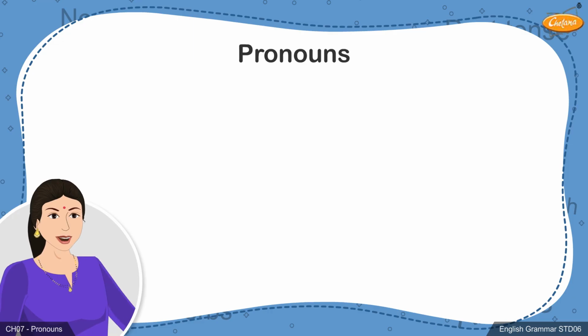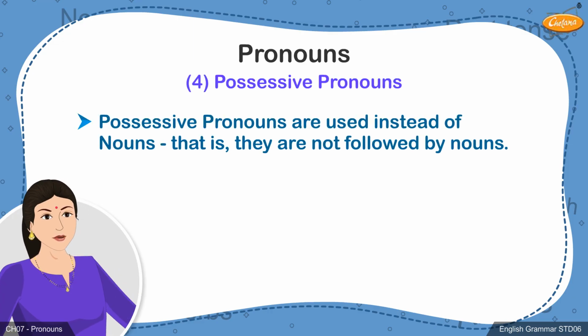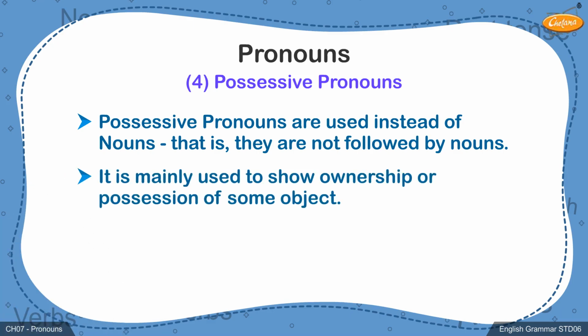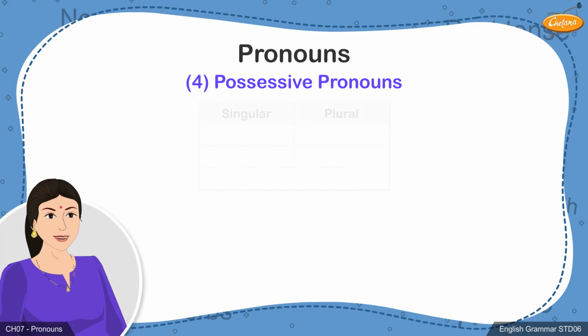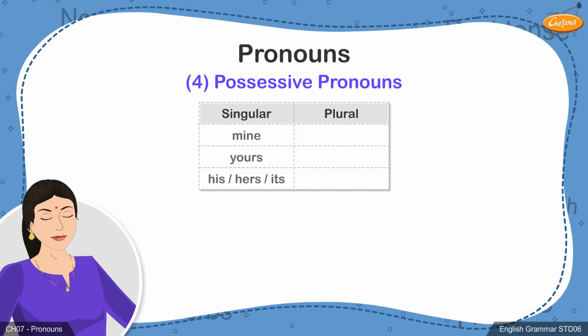Let's now discuss possessive pronouns. Possessive pronouns are used instead of nouns, that is, they are not followed by nouns. They are mainly used to show ownership or possession of some object. As you can see in the table on the screen, mine, yours, his, hers, its are considered to be singular possessive pronouns.